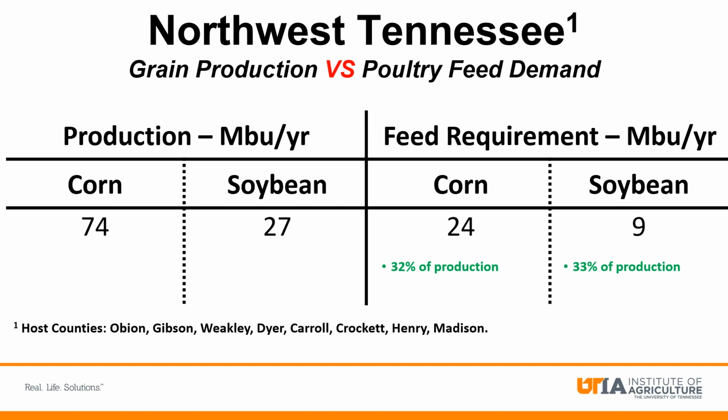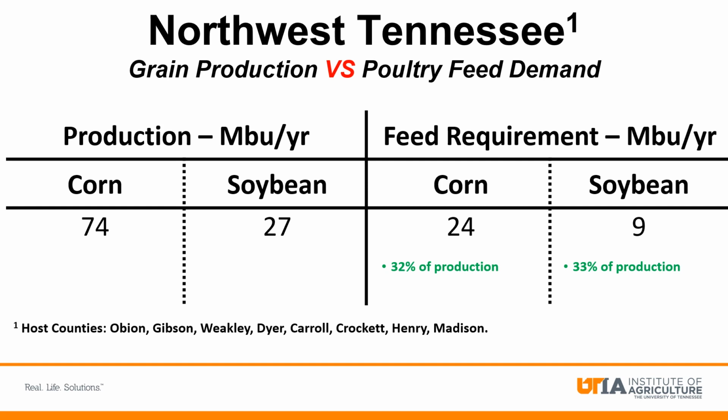To really understand the scale and impact of the poultry industry in Tennessee, I'd like to take a few minutes and review for Northwest Tennessee, this vital area for grain production in our state, the grain production in this area versus the poultry feed demand that will be present once both the Humboldt facility is finished and the increase in plant capacity at Union City is fully realized in this year or in 2022.